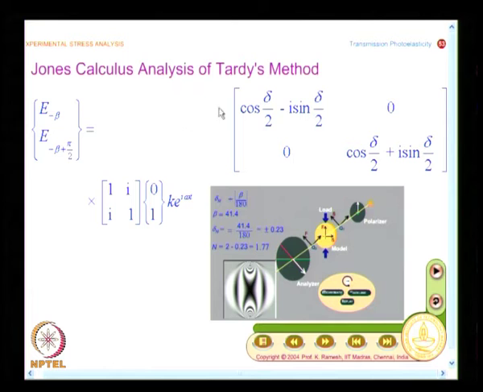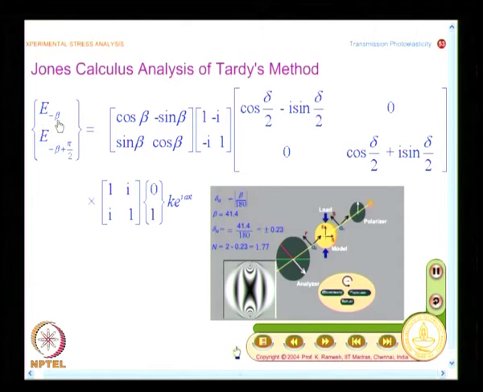So, now I will write the second quarter wave plate, that is nothing but 1 minus i, 1, and I also put the rotation matrix for me to find out the component of light vector along the analyzer axis and perpendicular to the analyzer axis, and I know I have taken this as clockwise.